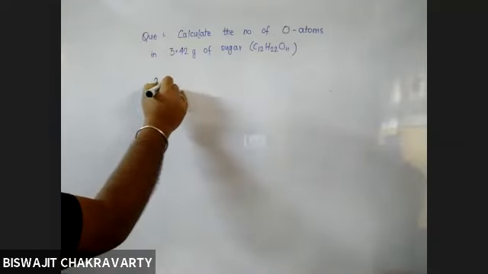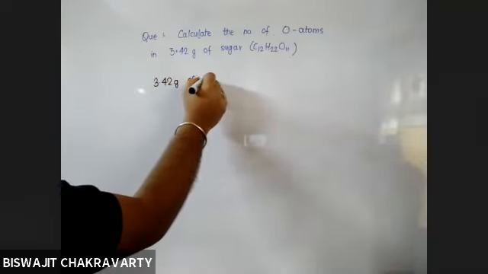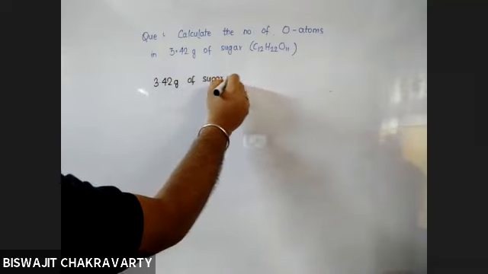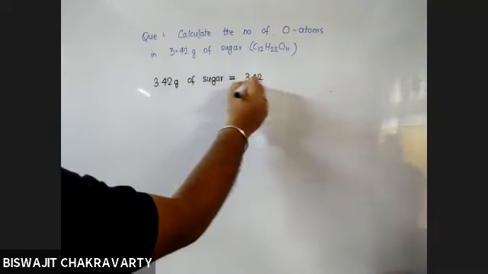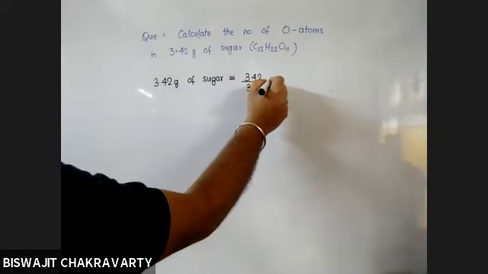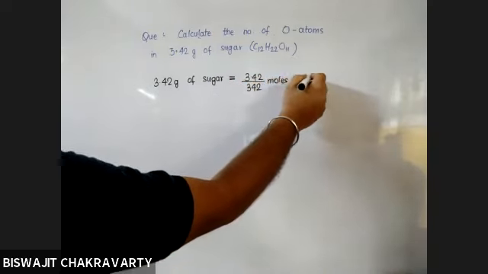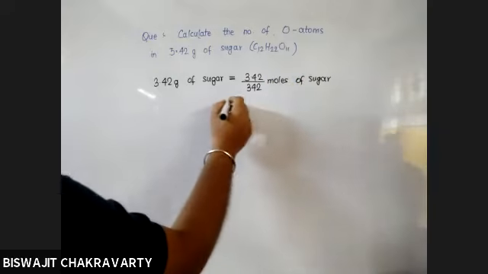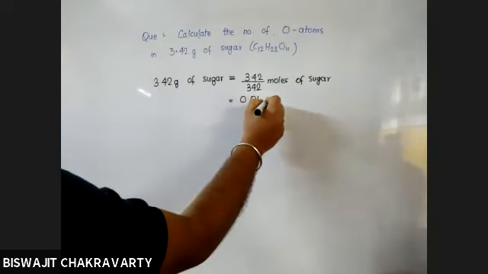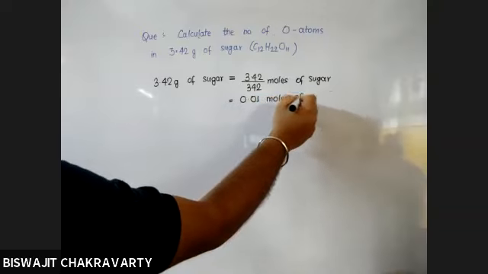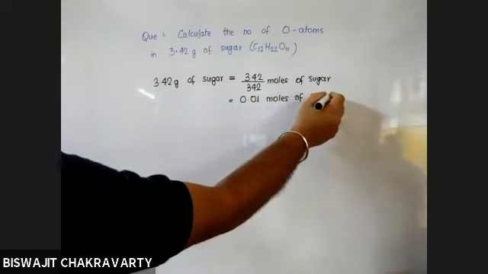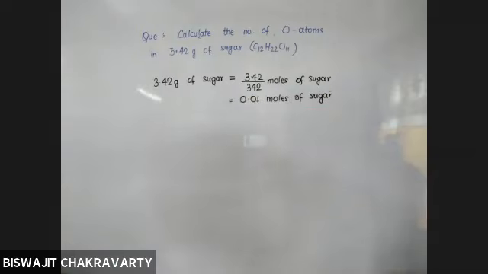So 3.42 grams of sugar is 3.42 divided by 342 moles of sugar. Is it clear to everyone? Okay. Now in this much sugar, we need to calculate how many oxygen atoms are there. There are hydrogen atoms also, carbon atoms also, but we should go according to the question. We are interested only in oxygen.